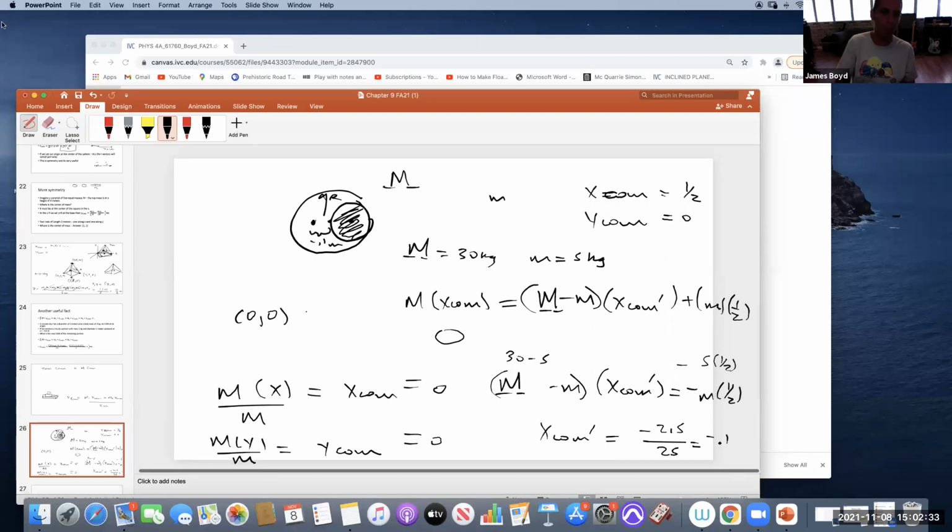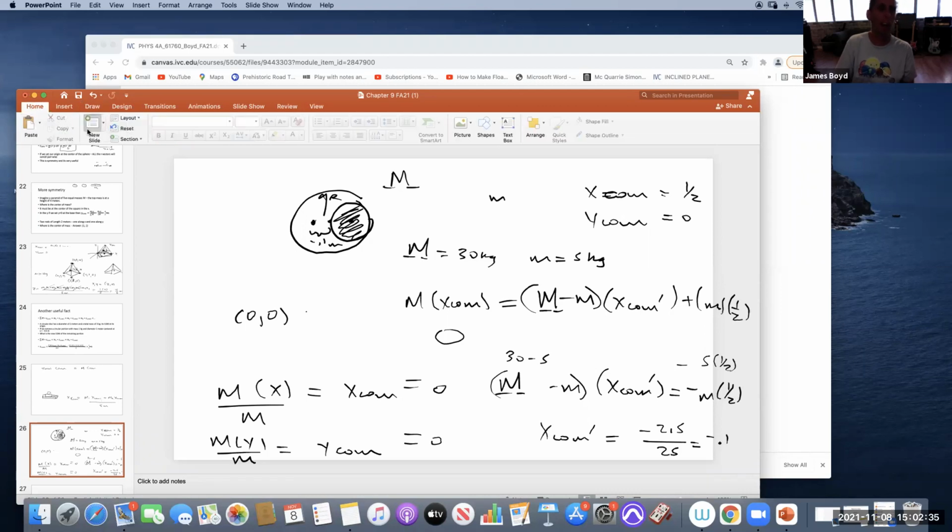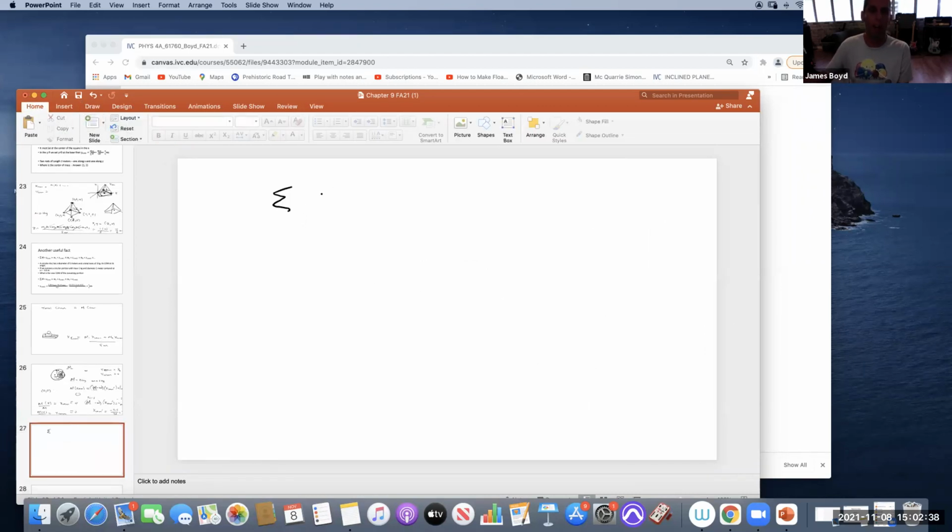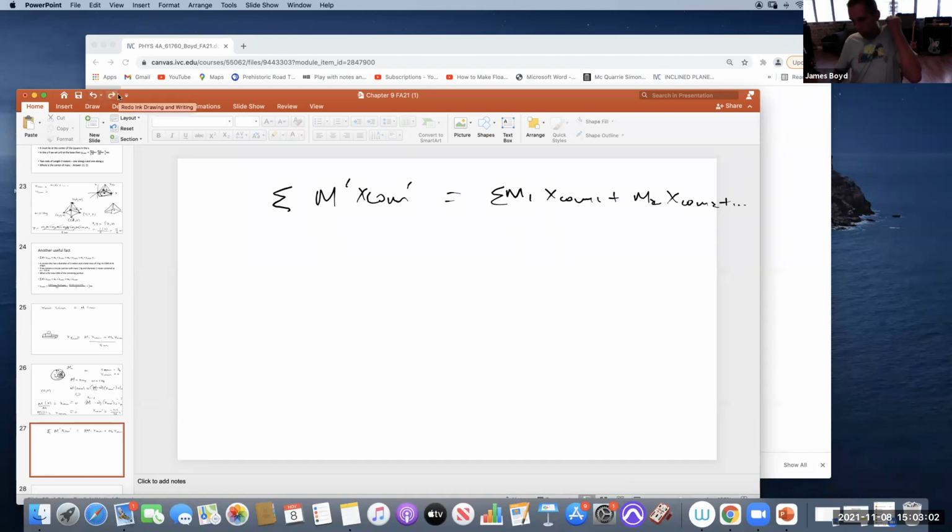What this is telling me is that the sum of each mass times each center mass is equal to the individual masses times their center of mass. This becomes very important for things that you cannot calculate.